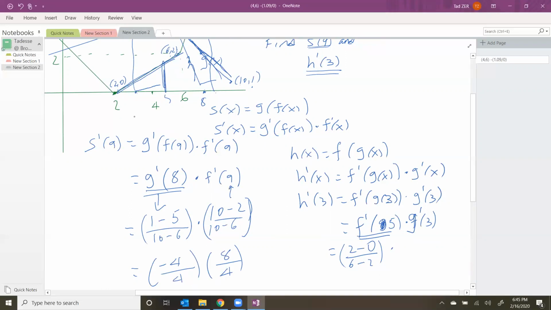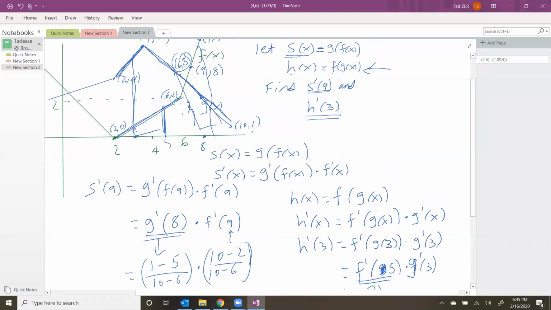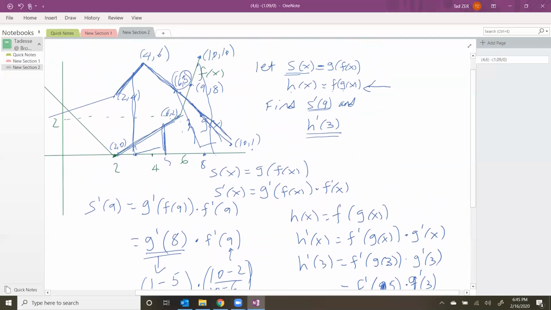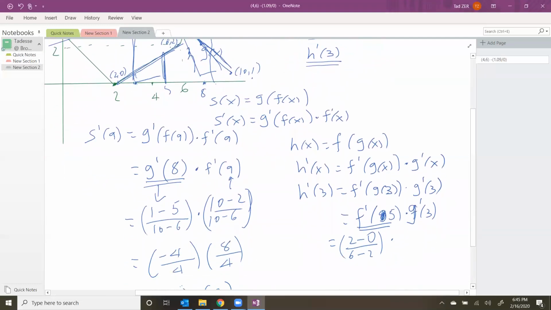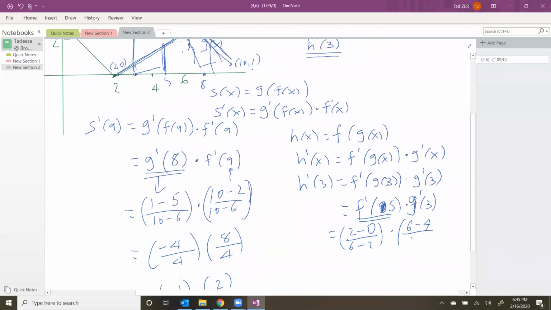G prime at 3 means, again, 3 is somewhere here, so I am referring to this line. This line means I'll take (6, 4) and (2, 4). So 6 minus 4 divided by 4 minus 2.